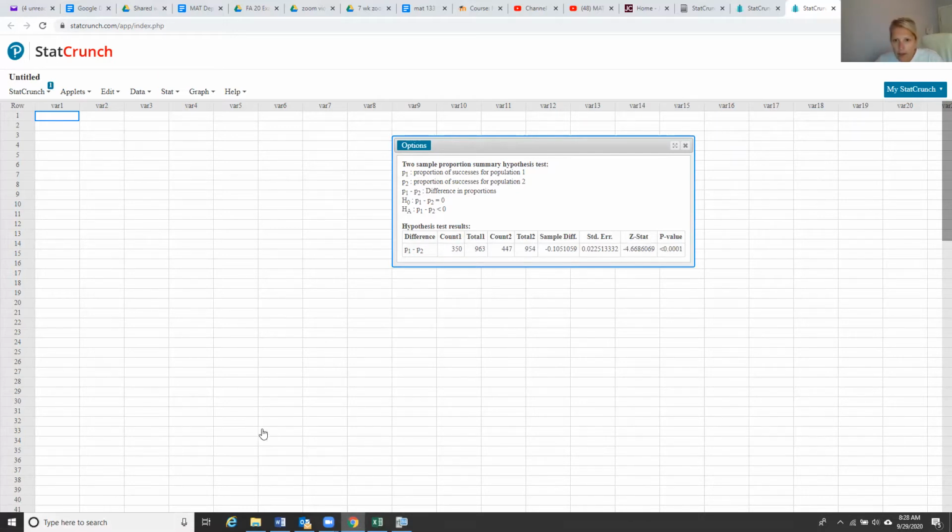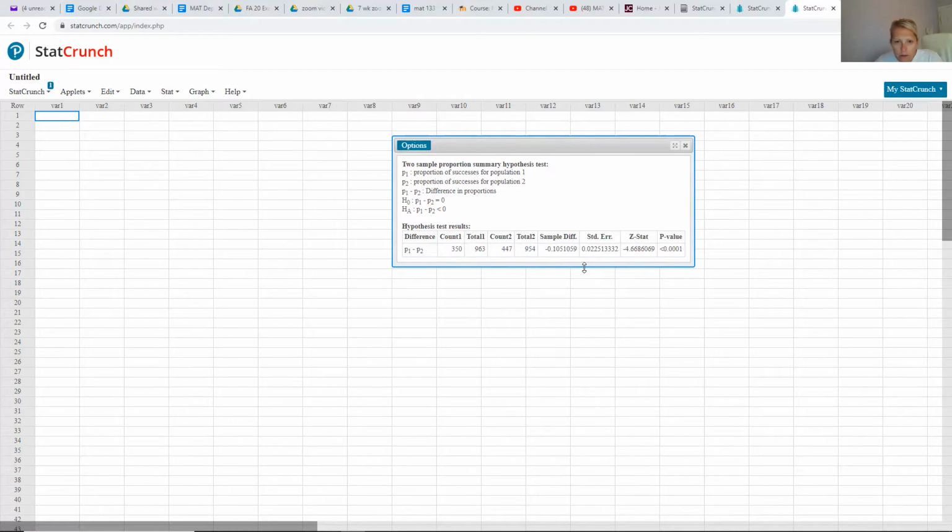And there's our p-value. It's very small. Very, very, very small. And so we'll just say 0.0001 for that.